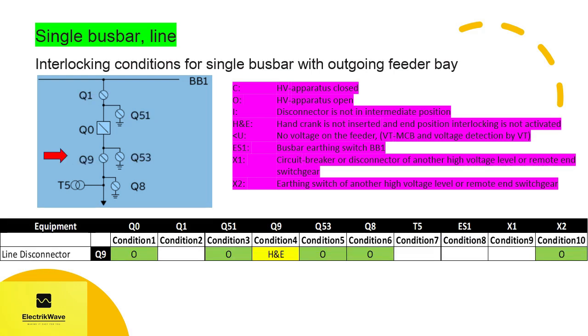Here Q9 is switchable if conditions 1, 3, 4, 5, 6 and 10 are fulfilled.